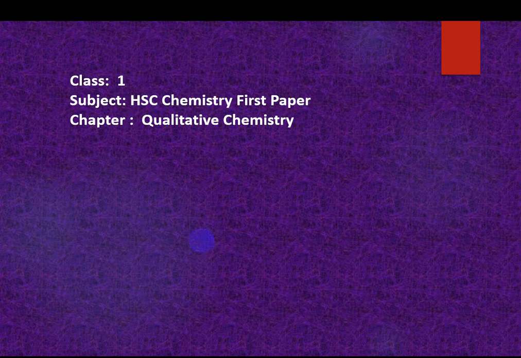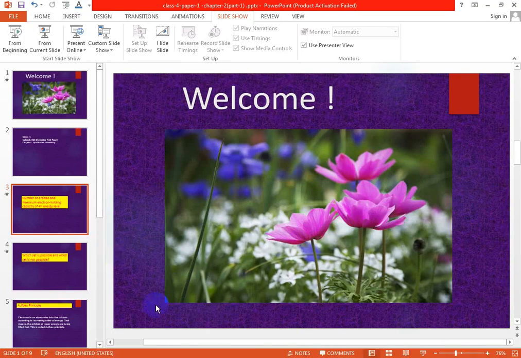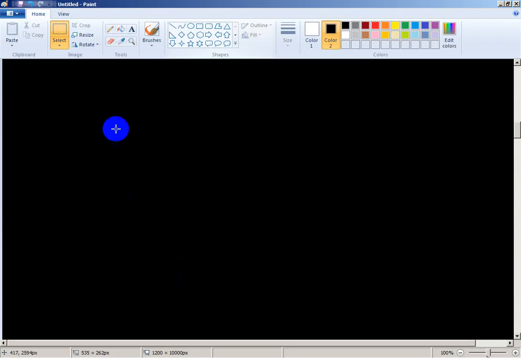This is the first class in the chemistry chapter, class 1 and chapter 2, first paper: qualitative chemistry. What do you mean by qualitative chemistry and quantitative chemistry?